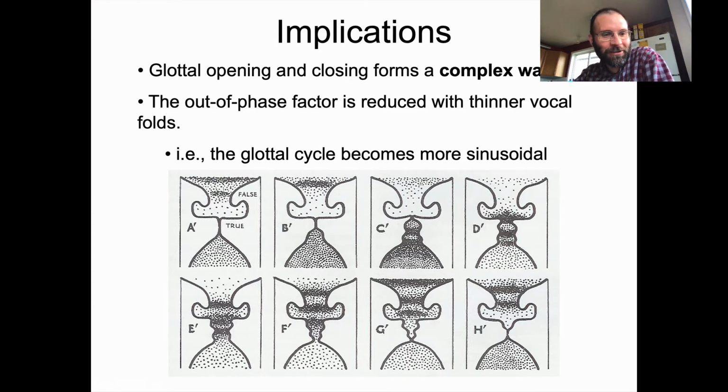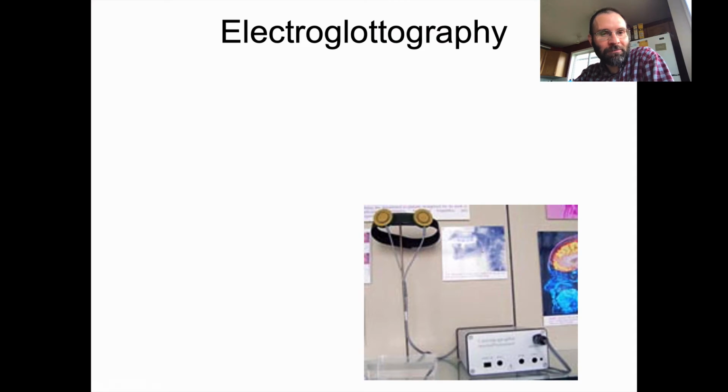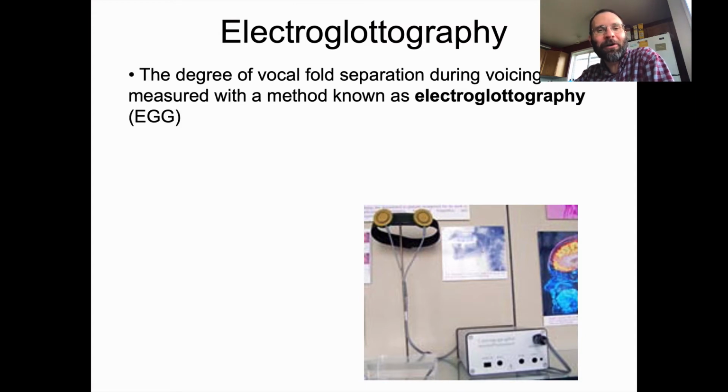So, good times. The way we can measure this quantitatively is through this neat little device called an electroglottograph. And we have one of these in the Phonetics lab if we ever get the chance to go back and use it. So this will measure how much the vocal folds are separated during voicing.